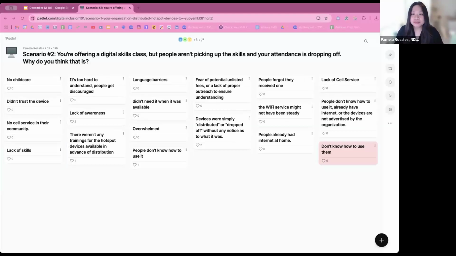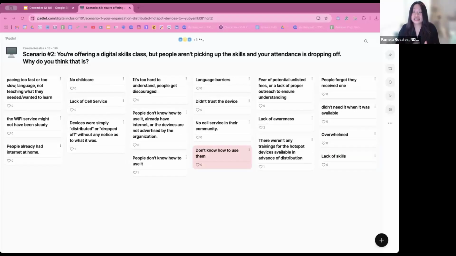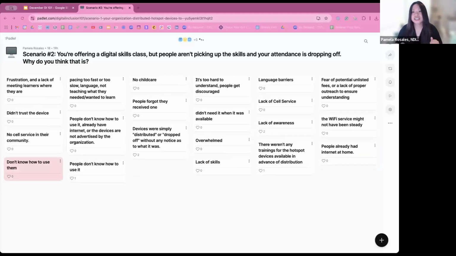This is great. Yes, somebody said it's too hard to understand. People get discouraged. Exactly. You might not have assessed the students or your community of where they are at with their skills. That's number one. You don't know where their foundation is. But number two, you might not have asked them what they wanted to learn.